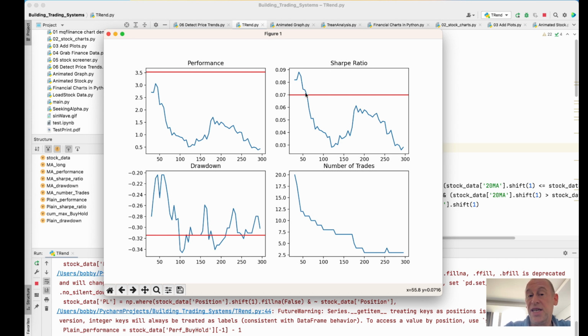That makes sense because I stop out faster than with a longer moving average. And that, for example, could make sense if I want to do leveraged trading.